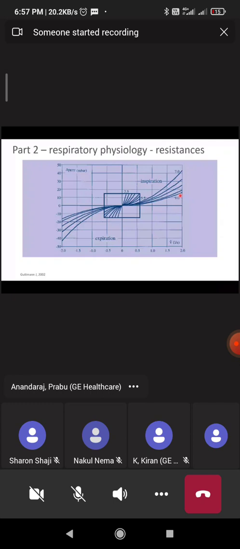In order to achieve the same kind of flow, let's say a 1 liter per second flow, for a 9 millimeter diameter endotracheal tube, maybe I only require this much pressure, less than 5. Whereas when I use a 7, it will be like this. But look at the size of the diameter, like 2.5. This 1 liter.